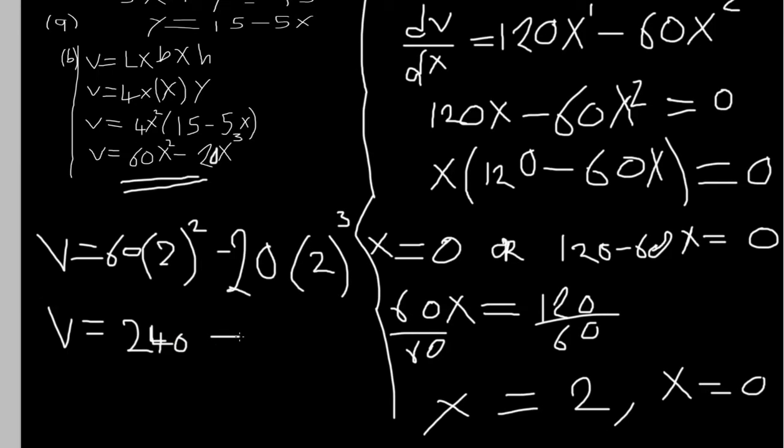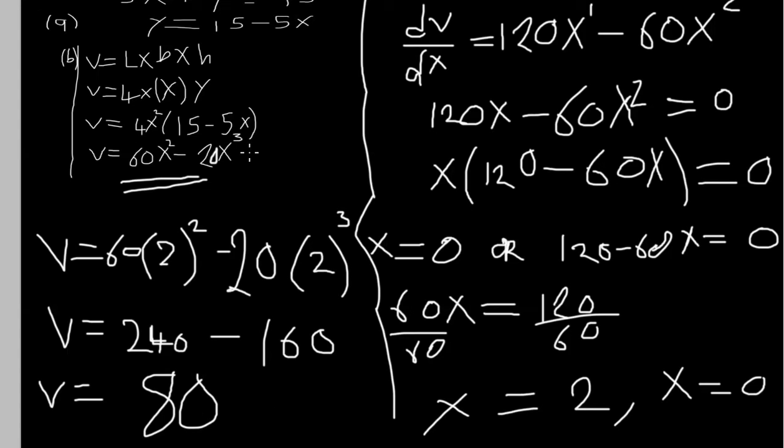Then minus 20. So this 2 to the power 3 is just the same as 8. 8 times 20, you get 160. So your volume will just be equal to 240 minus 160, which is just 80. So your volume will be 80.